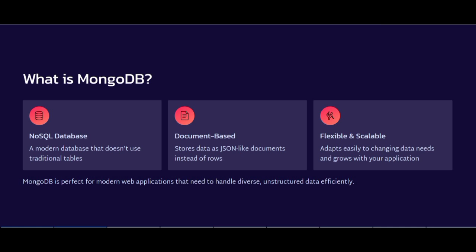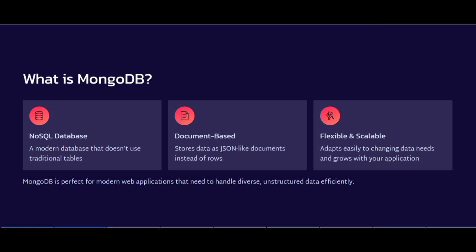and it is also scalable. We have already discussed that MongoDB is horizontally scalable. That means if the data increases, it can add servers. It doesn't upgrade the existing server. Instead, it can add more servers if the data increases. Whereas SQL databases are vertically scalable.